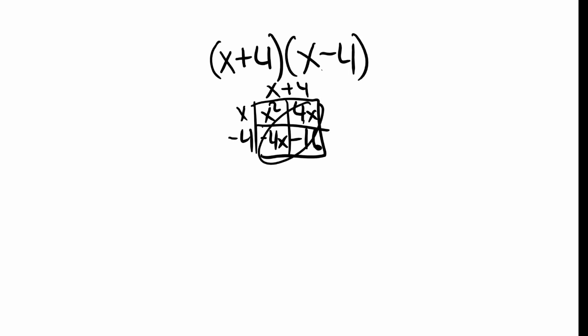And now our middle terms, we have one that's positive, one that's negative, so those eliminate, and all we get is x squared minus 16. So if you want no middle term, you need to have plus and minus of the same thing in your two binomials. All right, now let's get to factoring, which is the real crux of what we did last unit.